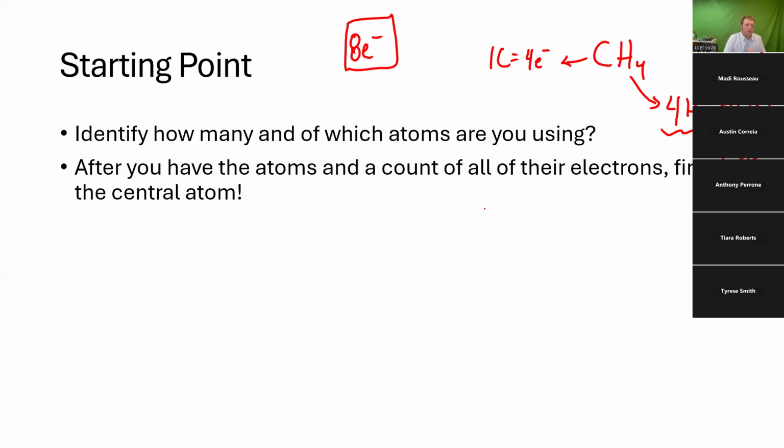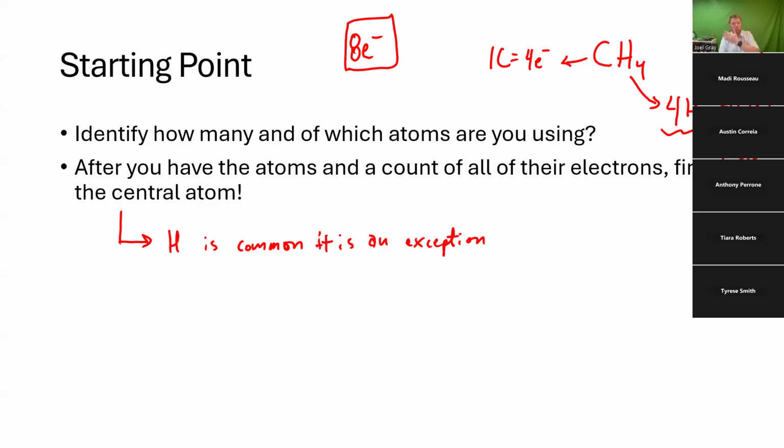Okay, cool. So the next thing that we need to do is identify our central atom. One thing that's important to know about this step, and lots of other things when it comes to rules and drawing molecules in chemistry, is that hydrogen is super common, but it is an exception.